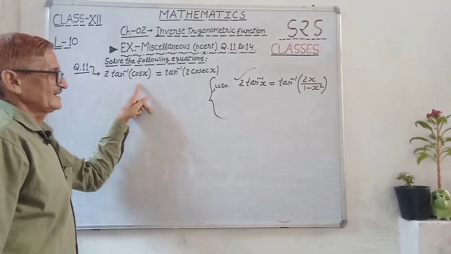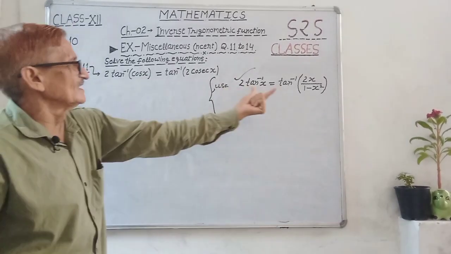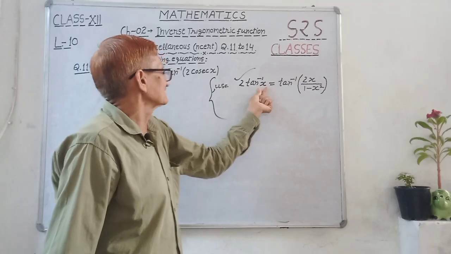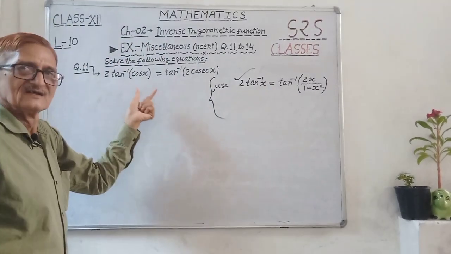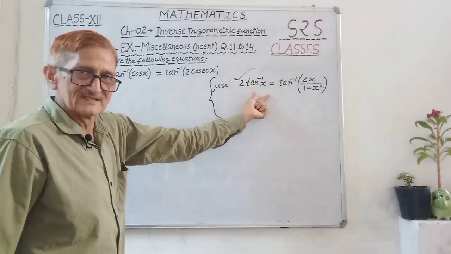Now here 2 tan inverse, it is cos x here instead of x. Okay, 2 tan inverse something, that is, in the formula 2 tan inverse x, so x is here cos x. We can say here theta, or any other number.